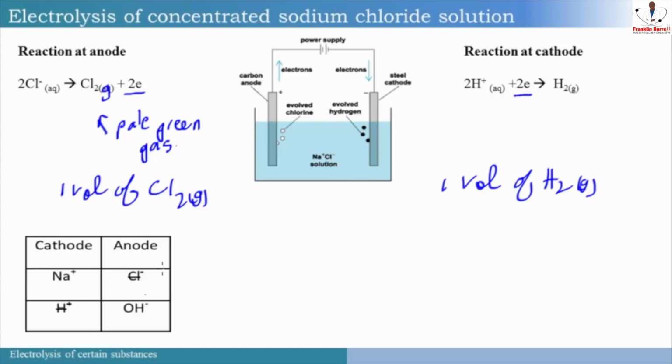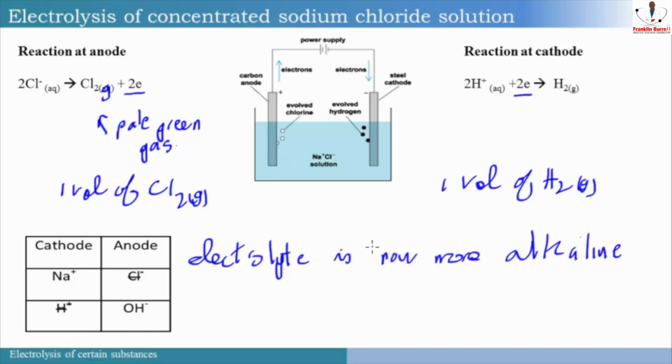In terms of the electrolyte, we removed H+ and we removed Cl-. So we removed an acidic solution, leaving Na+ and OH-. So this is now going to make our solution more alkaline because we removed the acid from the solution. So your electrolyte is now more alkaline.